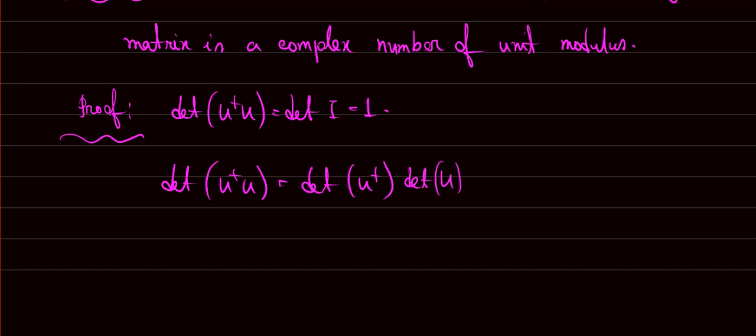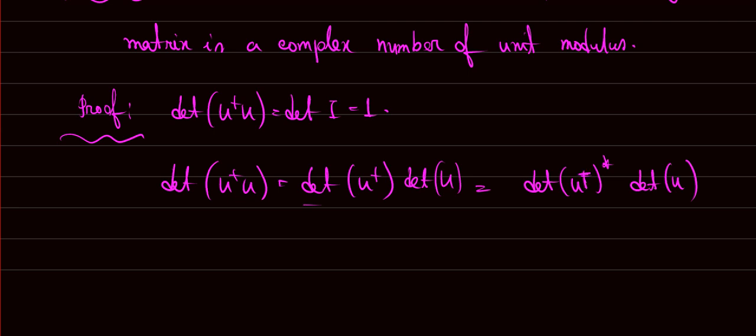We know from matrix relationships that the determinant of the product of two matrices is equal to the product of the individual determinants of those matrices. So from the transpose formula we can write this. This is the transpose.